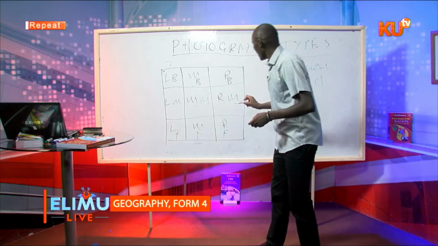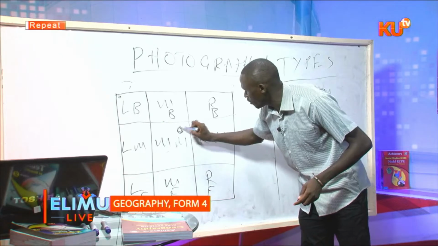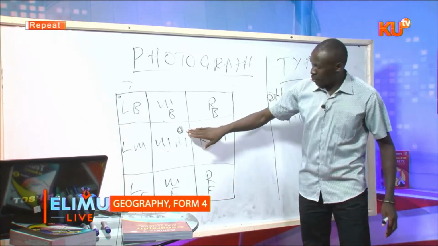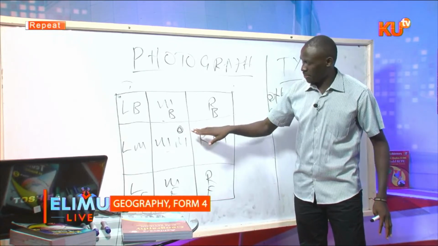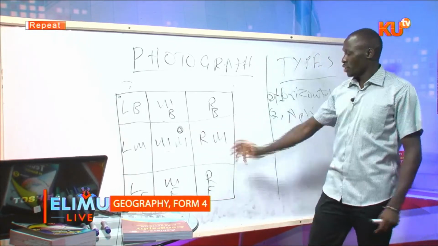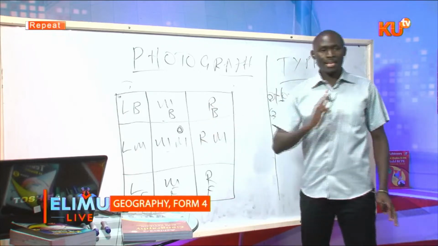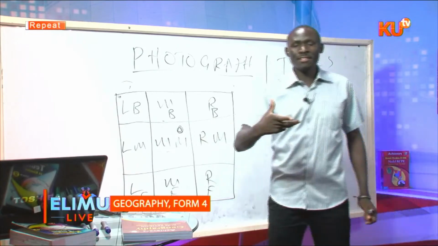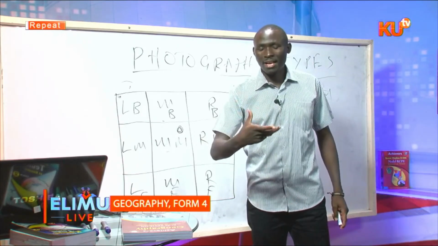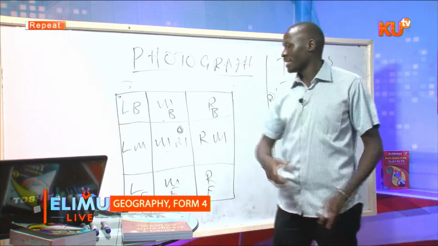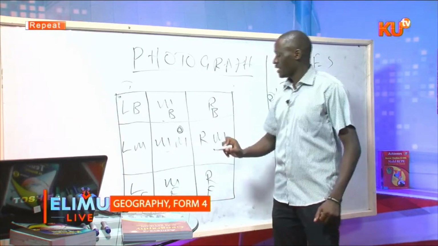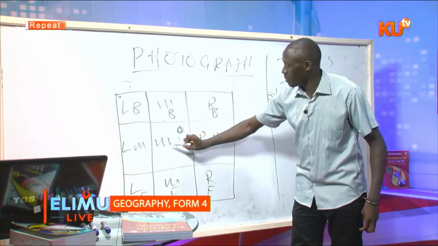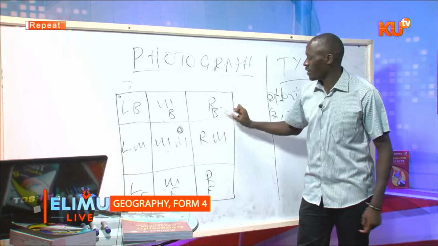If you are told to identify an object on a drawing or a picture that has been presented, the first thing you do is divide this photo into 9 parts. After dividing into 9 parts, you now give the location at which that object is located. If it is located here, you'll say that an object has been found within the middle part, or the right.